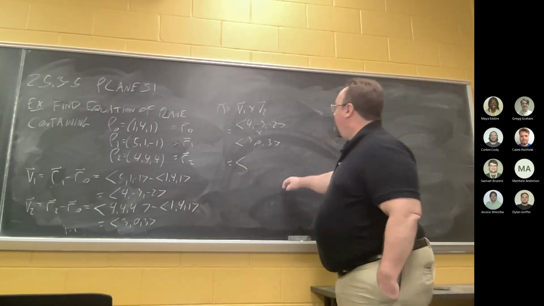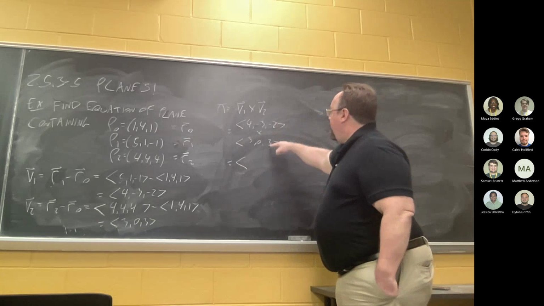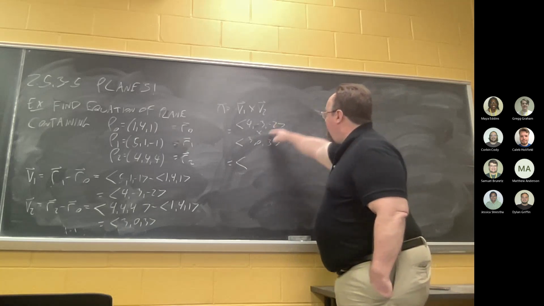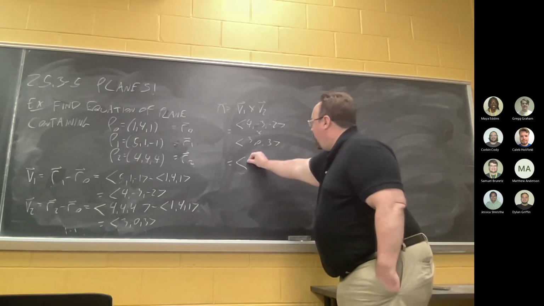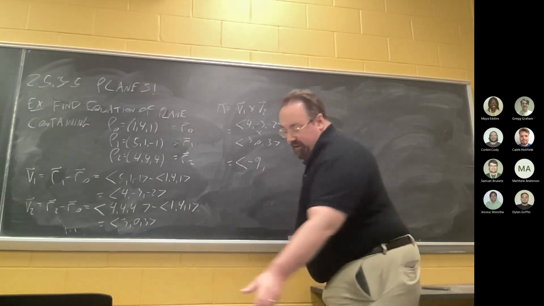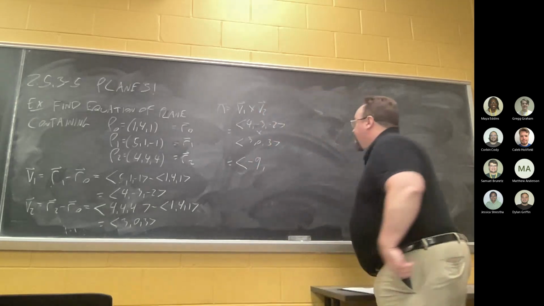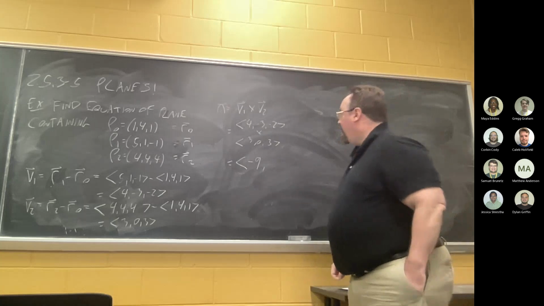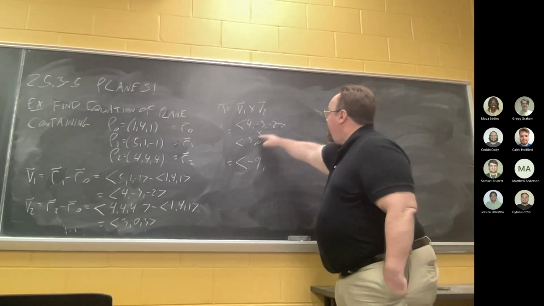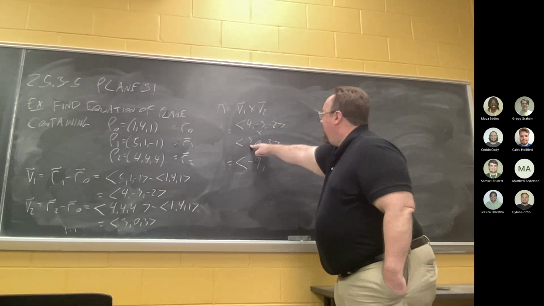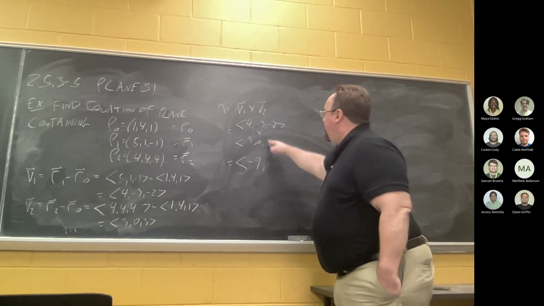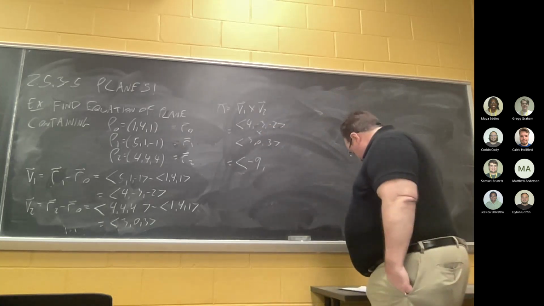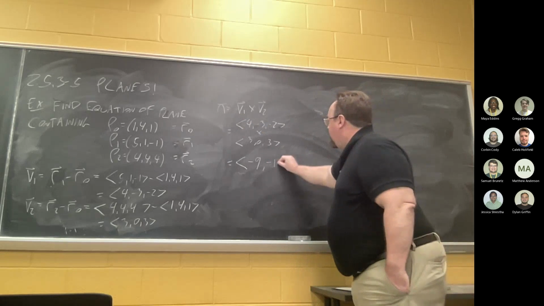So x component, I have minus 3 times 3 minus, well, there's a 0 here, so it's going to be minus 9 for the x component. For the y component, I have minus 2 times 3, so minus 6. Minus 12, so minus 18.